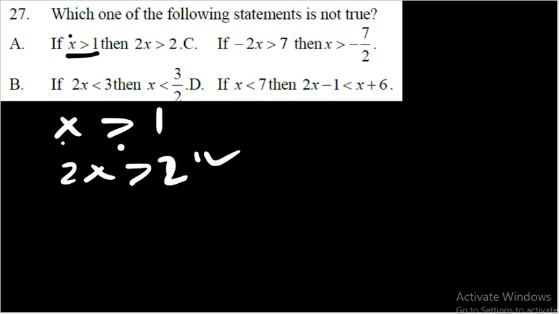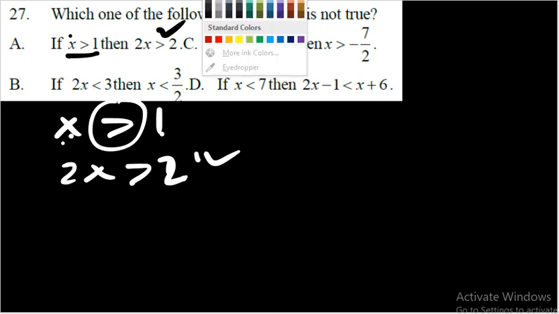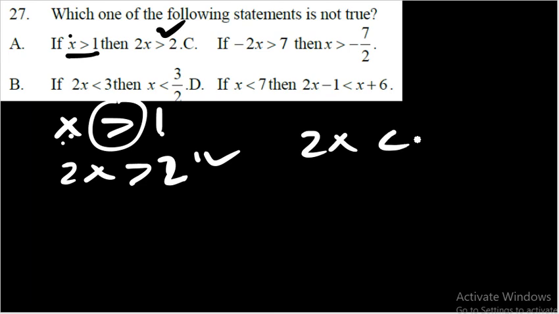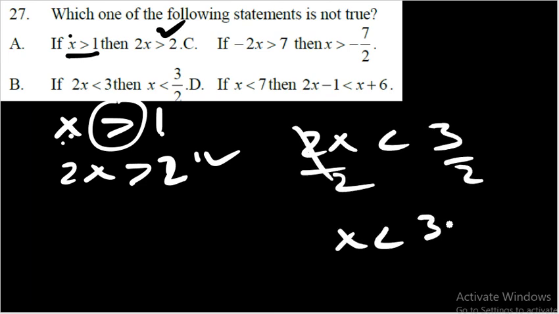In case of inequality, you can multiply both sides by a positive number. It's okay, the inequality will not be changed. So this is true. A, first one, it's correct. B, 2x is less than 3. If you divide by 2 both sides, again x less than 3 over 2, it's okay. I divide by a positive number, so it works.